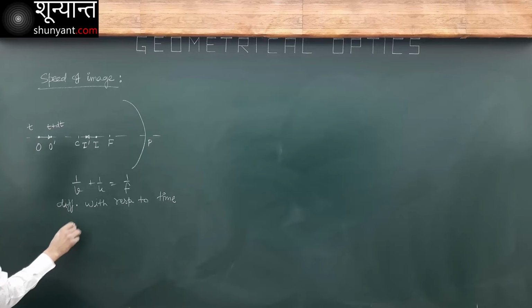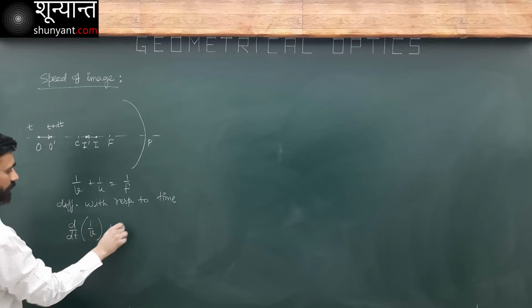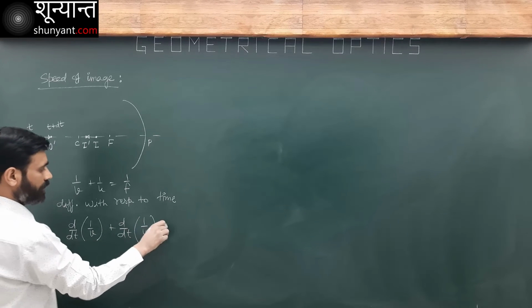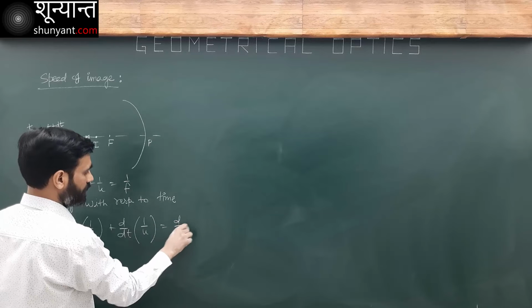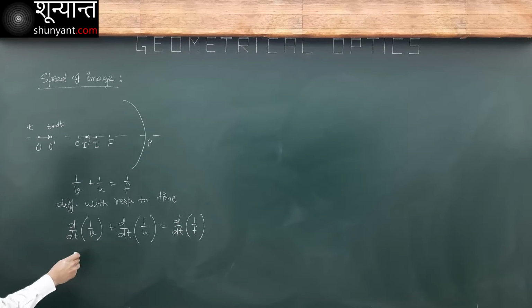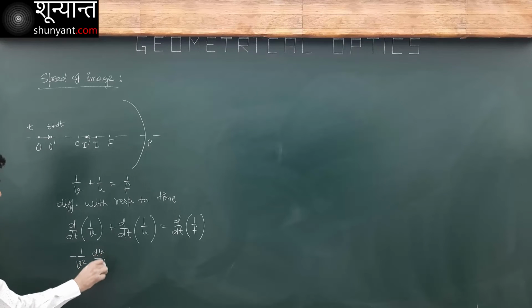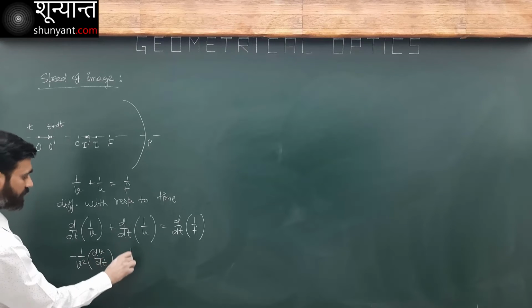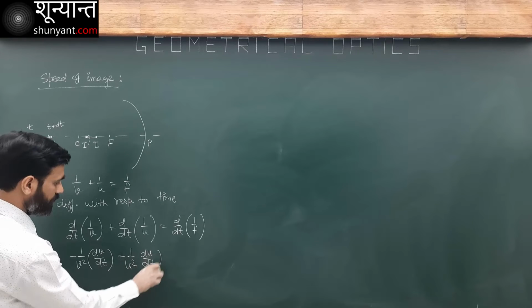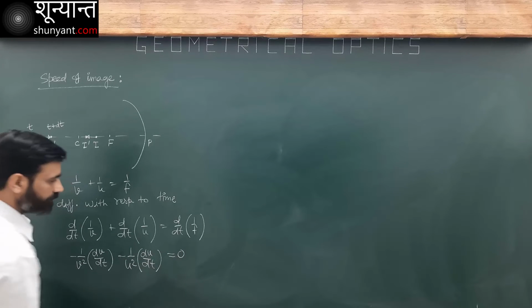What I have is d over dt of 1 over v plus d over dt of 1 over u is d over dt of 1 over f. Okay, differentiation. This becomes minus 1 over v square dv over dt. This also becomes minus 1 over u square du over dt, and the right side is going to be 0.